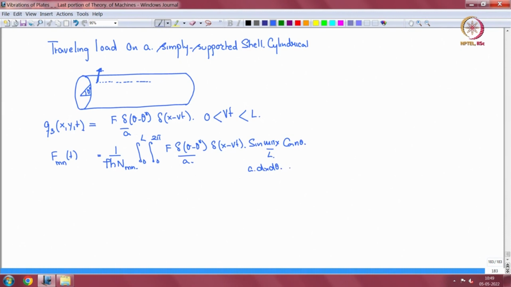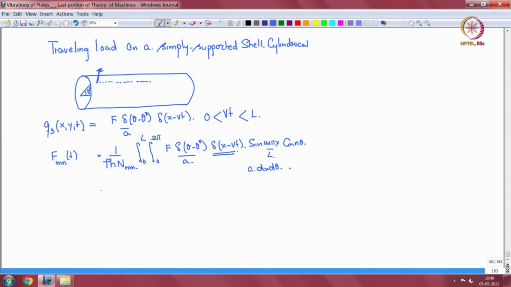We can put a Heaviside to indicate that this can't exceed the length of the shell, but that's notional. Once it exceeds the shell, it's an initial condition problem.